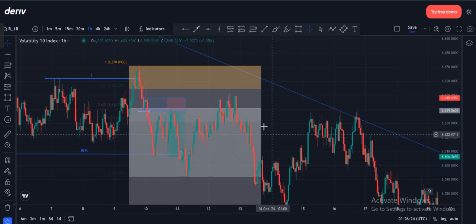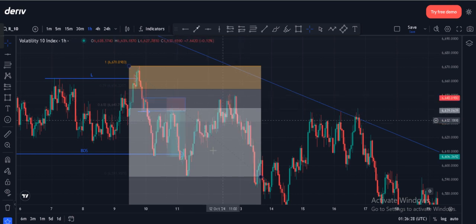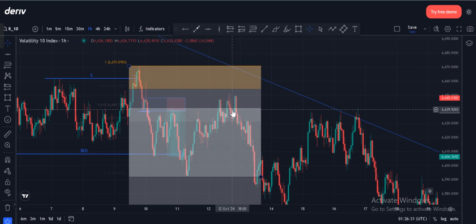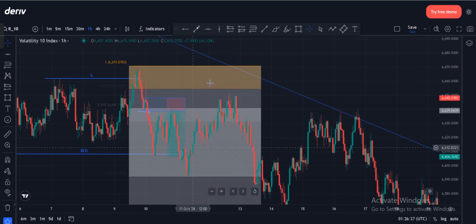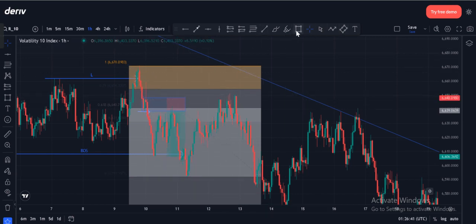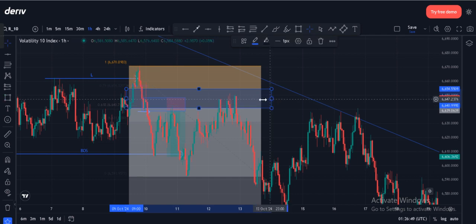Now, that being the case, we clearly understand that whenever market gets into between our swing high and our swing low, which is where we have this retracement at the moment, we always look for our sell, and this is what we have.